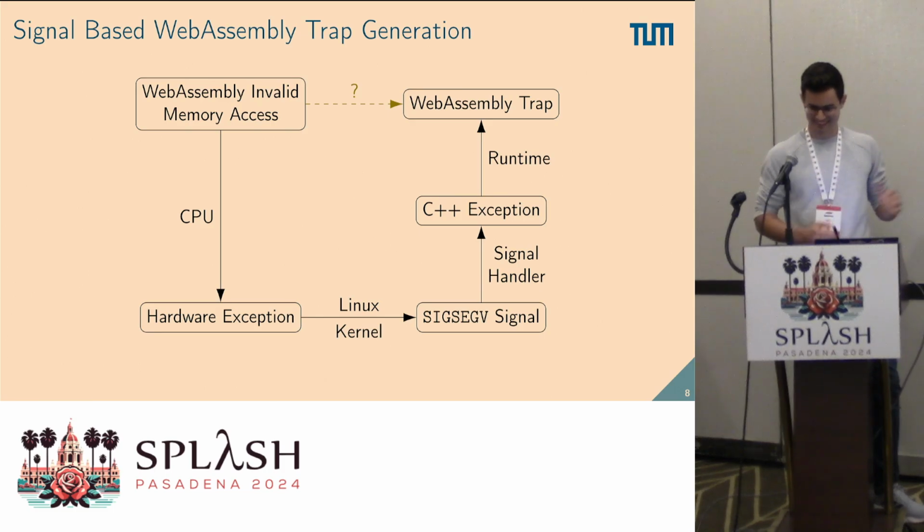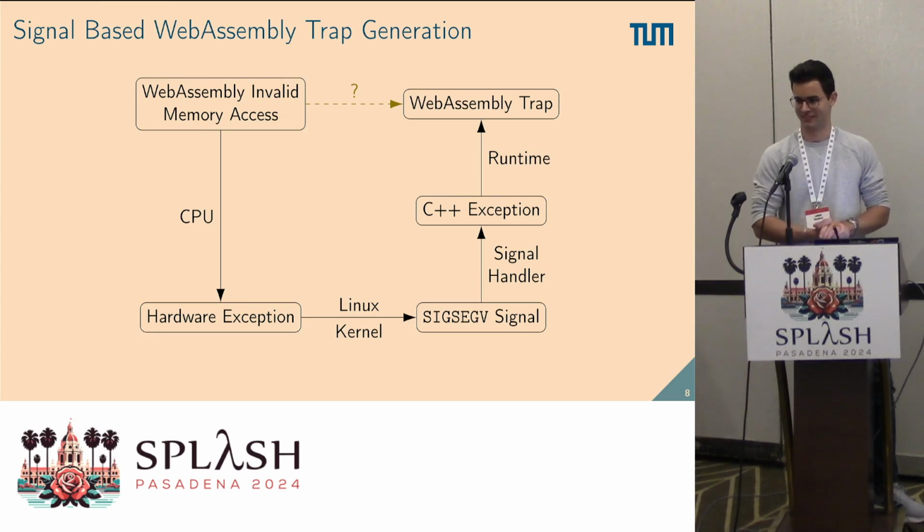So we can actually do this safely and then unwind through our stack to find somewhere the end of our runtime and finally count this as a WebAssembly trap. So there are some engineering efforts also behind this, but basically we trust the MMU to raise some CPU exception and then raise a WebAssembly trap from that.